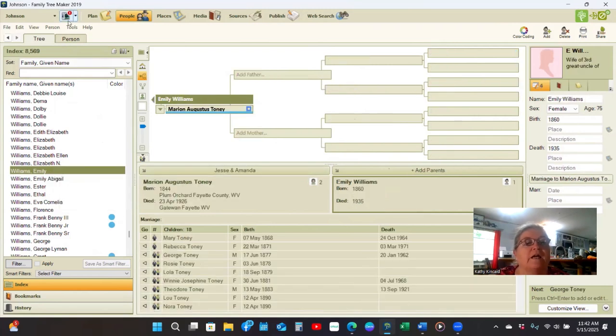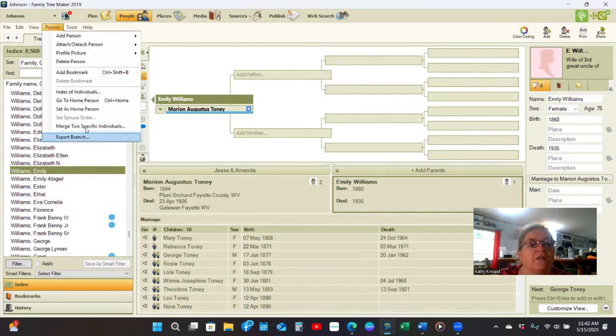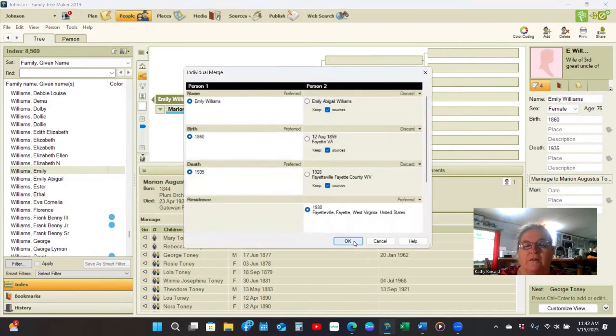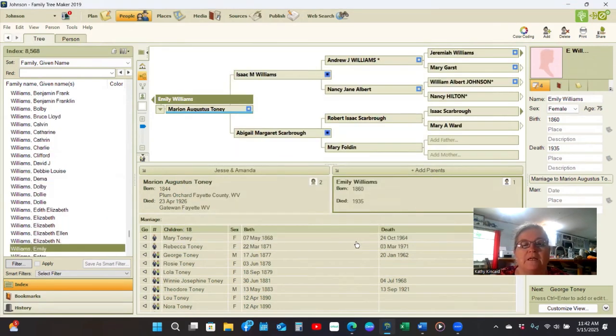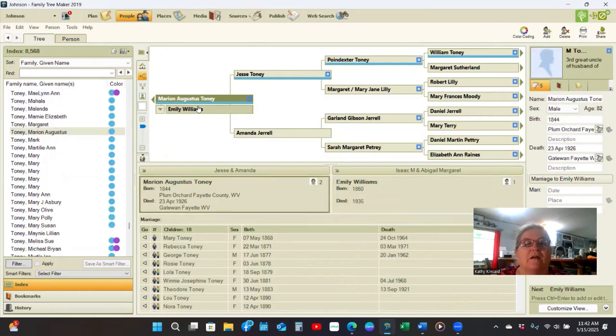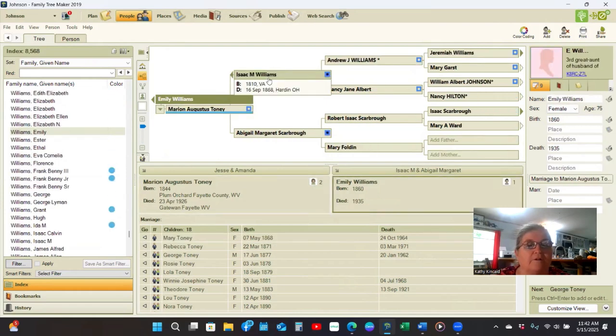So they are the same. So now you can go up into person and merge two people together and pick the one you want to merge with so that you don't have double names in your thing. So now we have Emily Williams, who is married to Mary and Augustus Tony. And her father is Isaac Williams. So now we're going down the line.